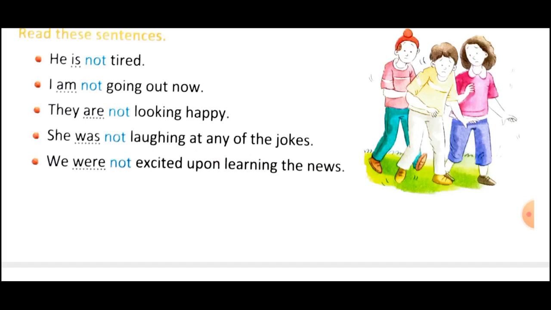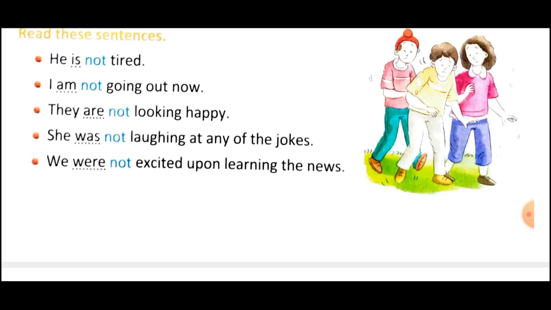Next is I am not going out now. This is a present continuous tense sentence, and here I is the subject, am is your helping verb. After the helping verb, not is placed to make it a negative sentence, and then the remaining sentence has been written. Next is they are not looking happy.